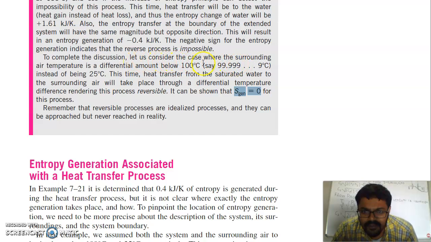Let us consider the case where the surrounding air temperature is a differential amount below 100 degrees Celsius, say 99.99 instead of 25. This time heat transfer from the saturated water to the surrounding air will take place through a differential temperature difference, rendering this process reversible. So it can be shown S generation is equal to 0 for this process.